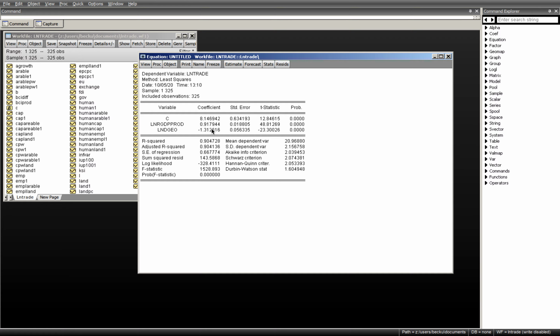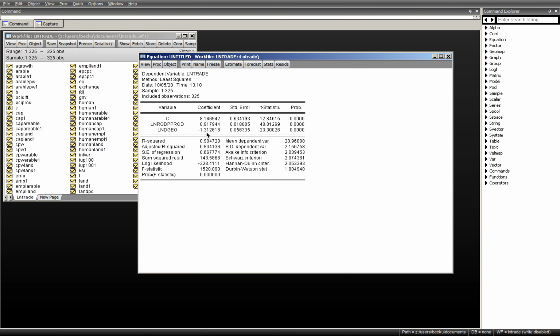We see here that if the product of GDPs of two countries increases by 1%, the trade between the two countries drops by 0.92 of a percent. And when the distance between the countries increases by 1%, the trade between those two countries declines by 1.31 of a percent.